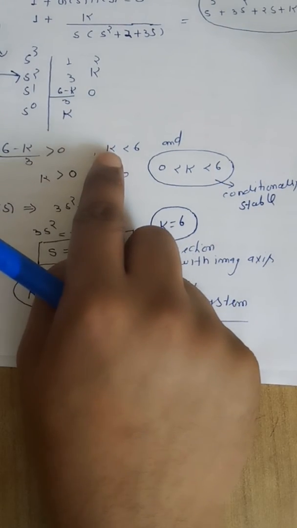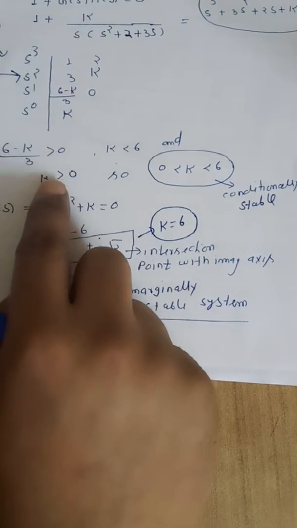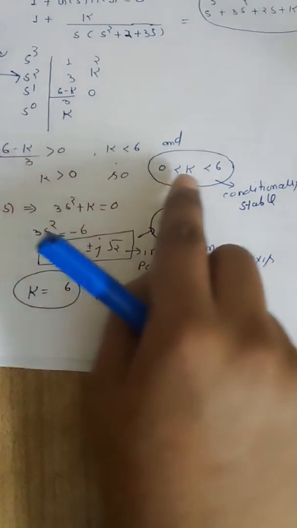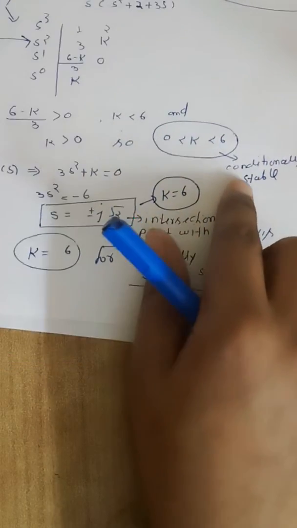That's why we have k less than 6 and k भी 0 से बड़ा होगा. That's why we have k greater than 0 less than 6 for a conditionally stable system.